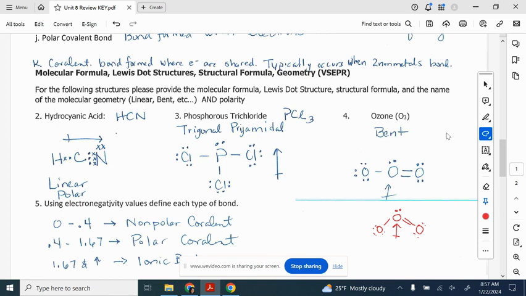All right. In terms of electronegativity, when we're talking about the different bonds, I will give you a chart of electronegativity. I've got it on my list of things to run off.